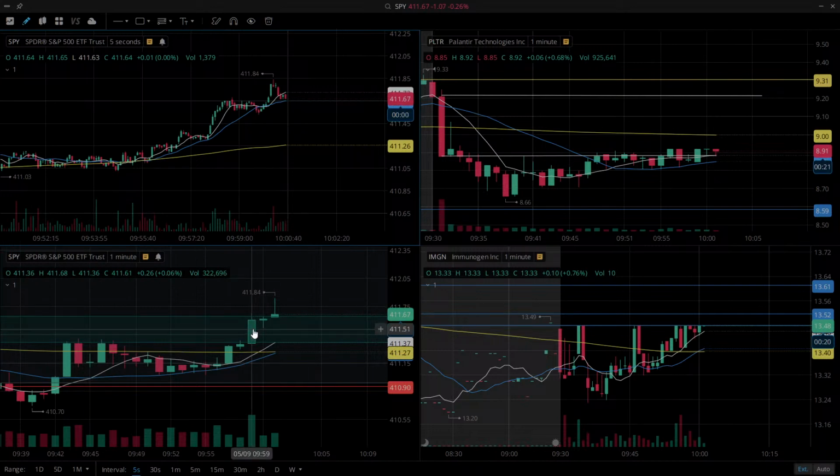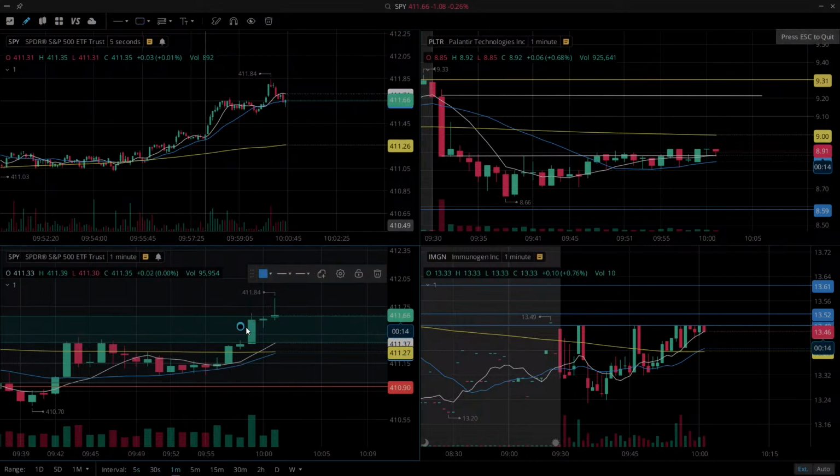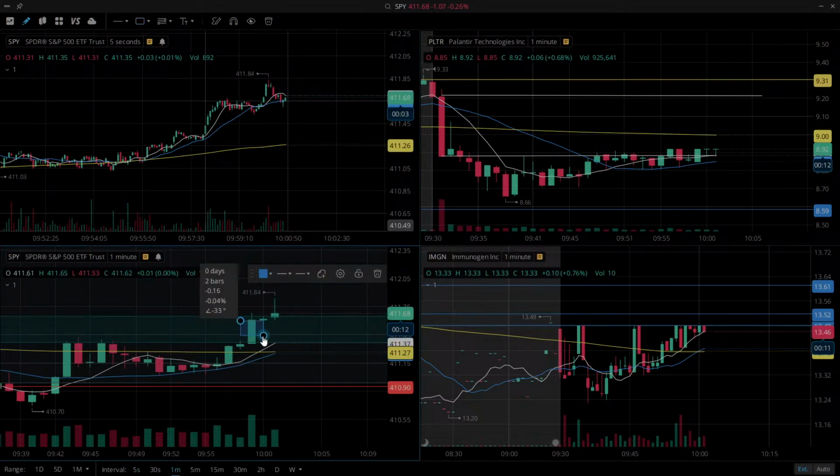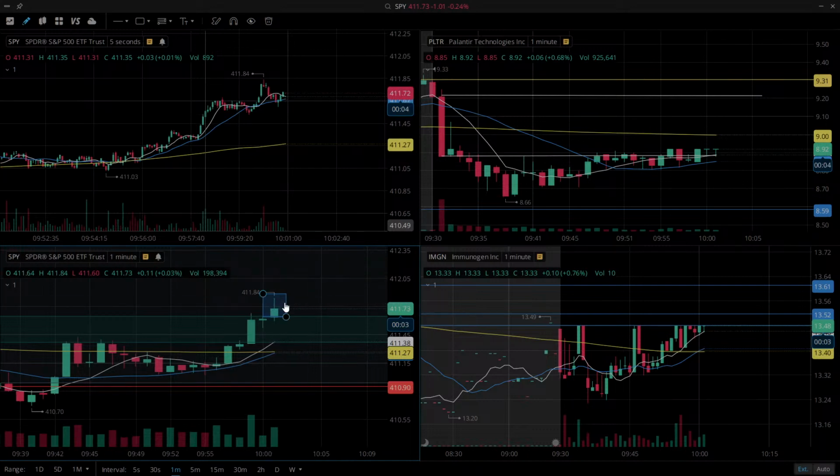So if you have this range here, you can draw a box on it if you really need to. Box this thing, drag it up here, and the breakout above that target gives you a rough target for a quick scalp.